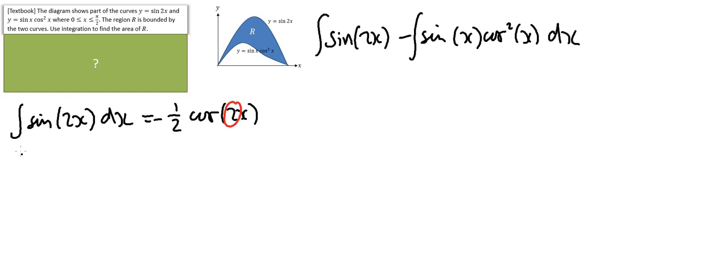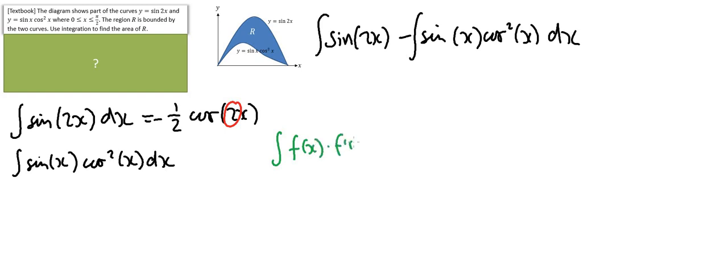Now we do the integral of sine x cos squared x dx. As we noted, this looks like it's an integral of f of x times its derivative. So what do we do?